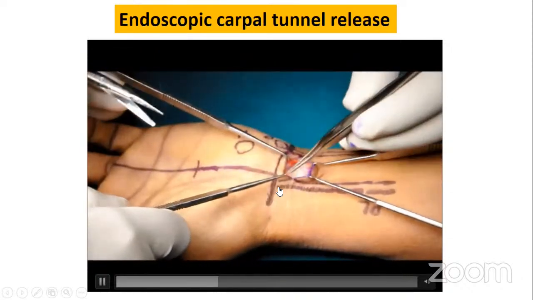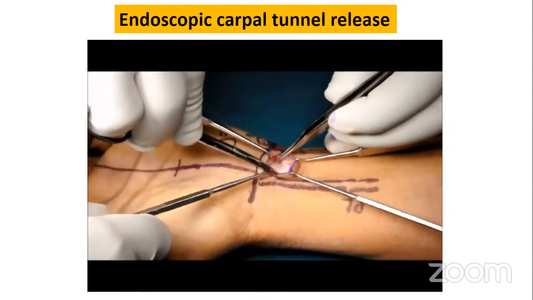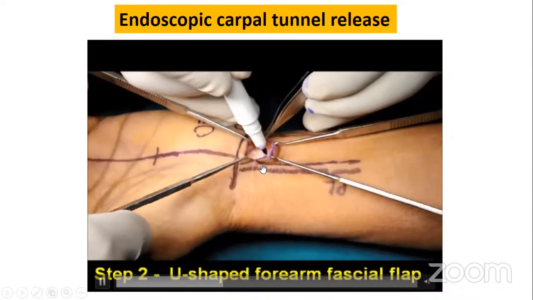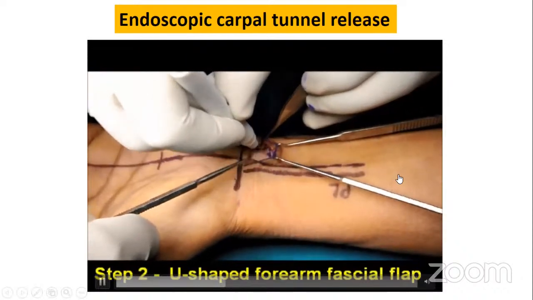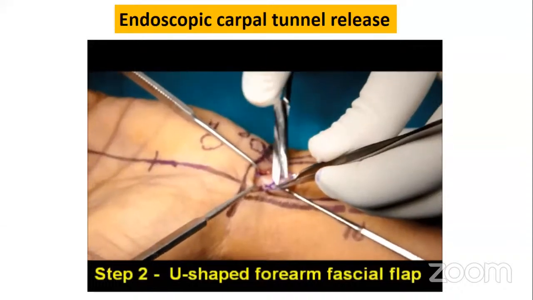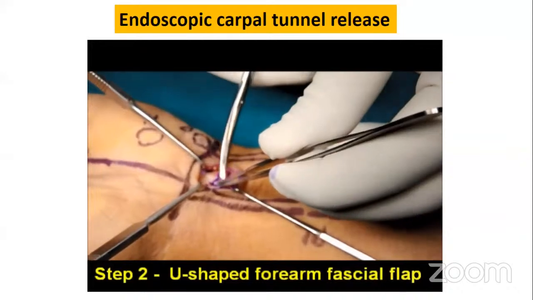That is the proximal fascia here. So make a small nick there and a small U-shaped flap in the deep fascia here. You'll see the nerve right underneath.